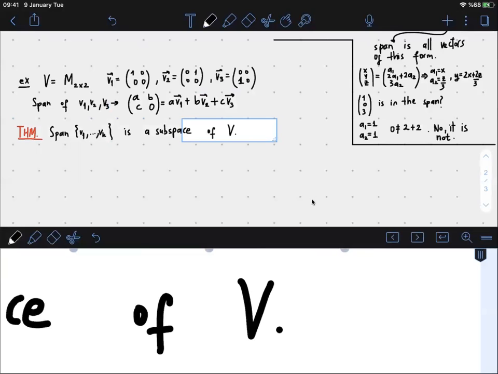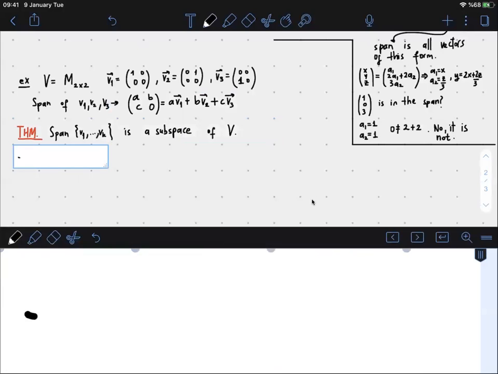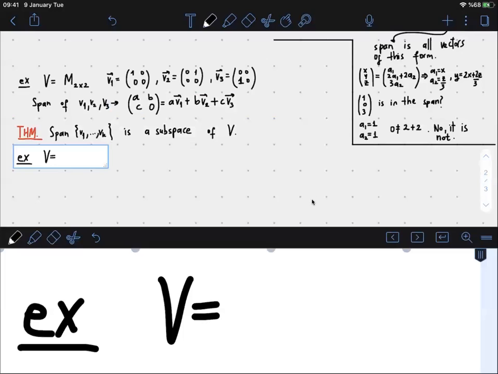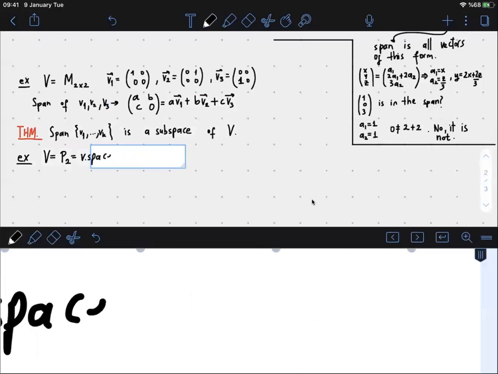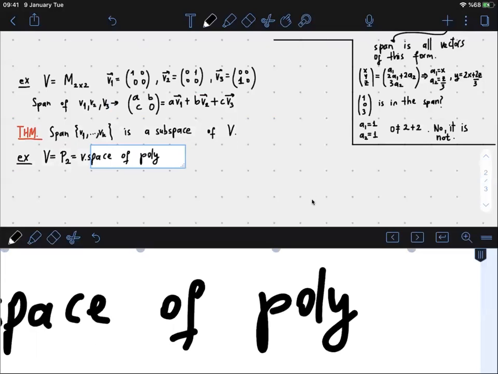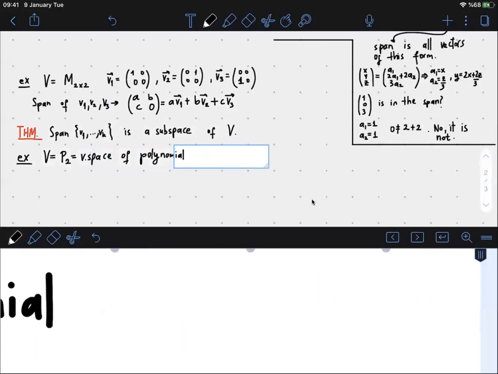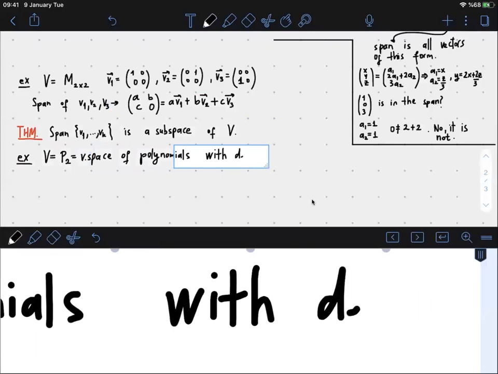Now let's look at some more examples. For example, we had this vector space P2. What was P2? This was the vector space of polynomials with degree less than or equal to 2.